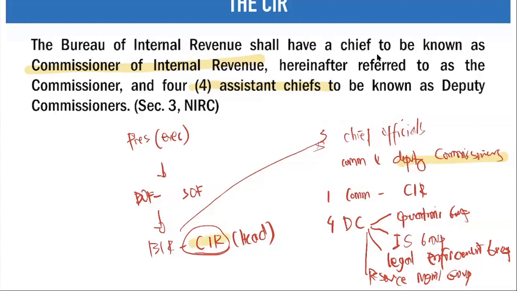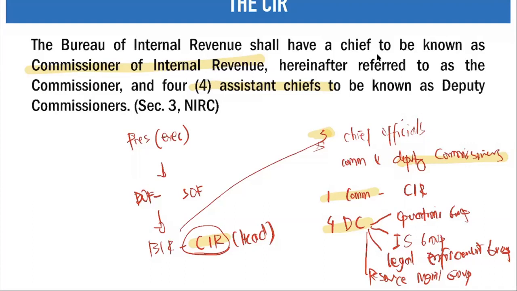If asked how many officials are there in the BIR, your answer should be five chief officials composed of one commissioner, four deputy commissioners. Okay, and what are the four groups which can be the designation of a particular deputy commissioner? The four groups are your operations group, information systems group, legal enforcement group, and your resource management group.